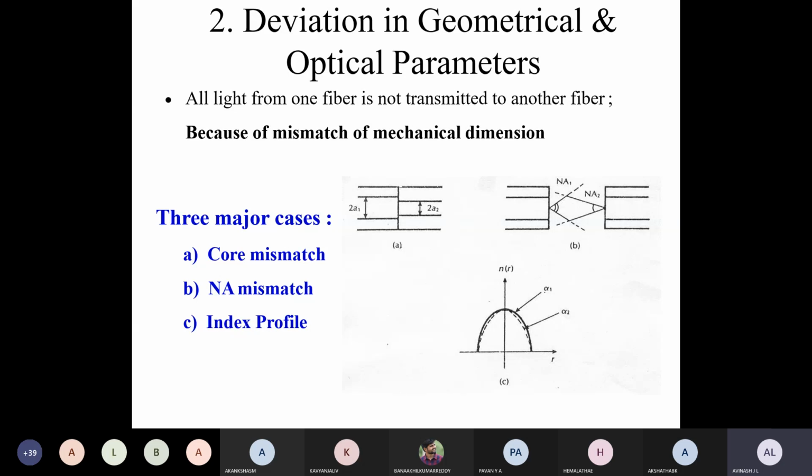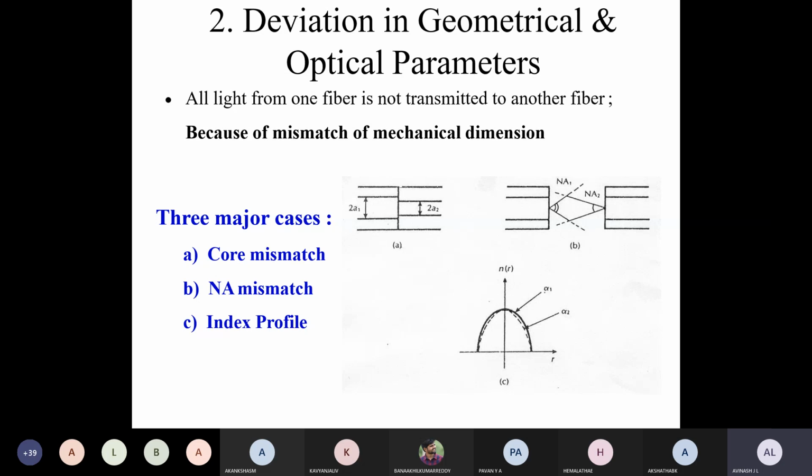When you see figure A, figure B and figure C: in figure A, you can clearly see there is a mismatch in the core. When we connect two fibers for continuation, if the core diameter is different, you cannot make it work. The first geometrical problem is core mismatch, denoted in figure A.